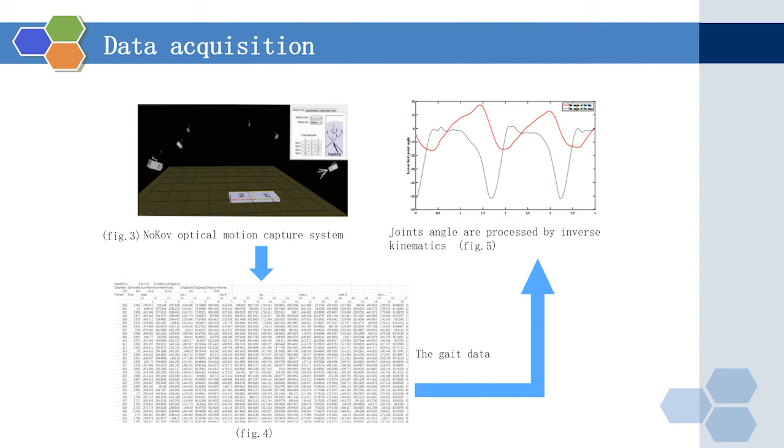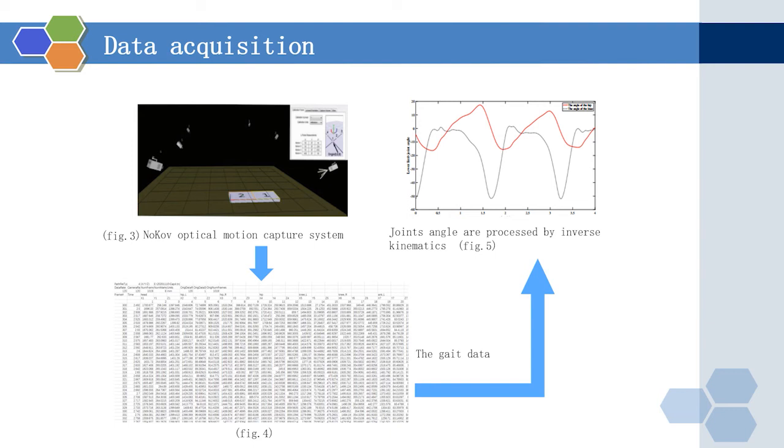As shown in figure 3, the subject's human joints are labeled with marker points, and the motion capture system will capture the gait trajectory of the subject walking in the experimental process.